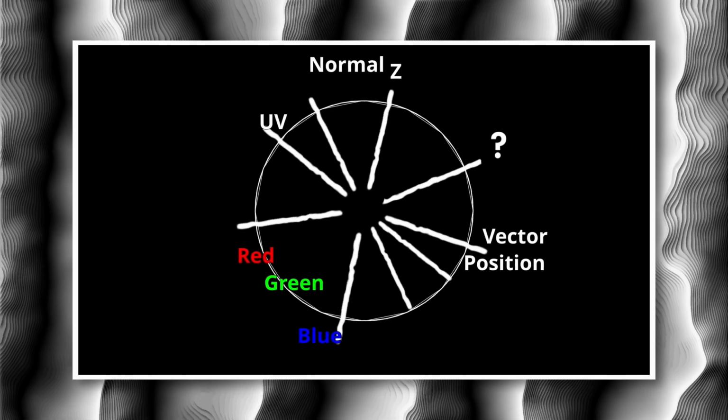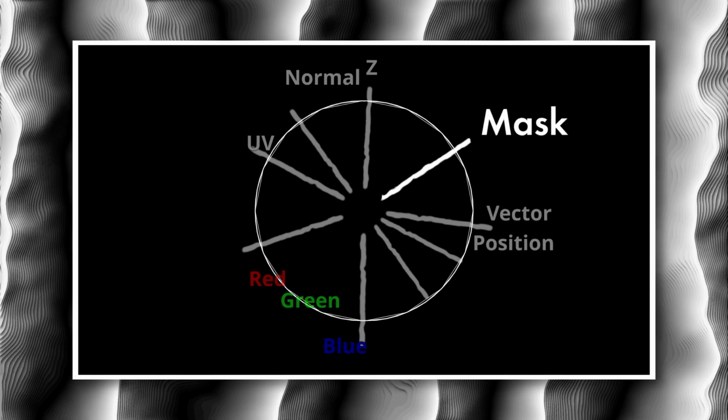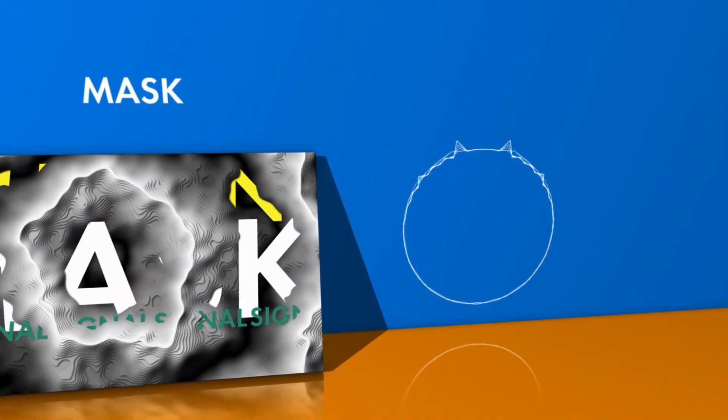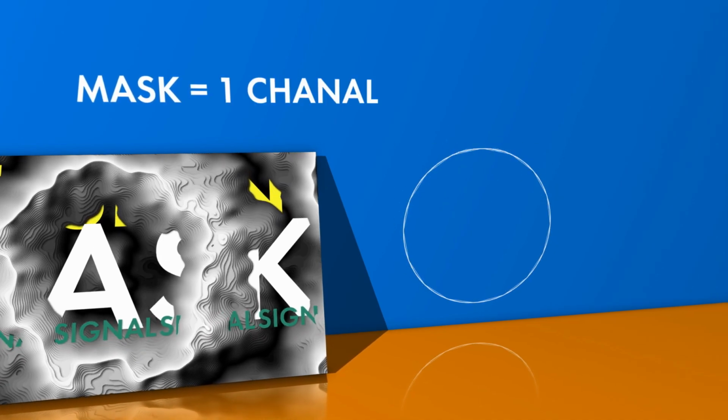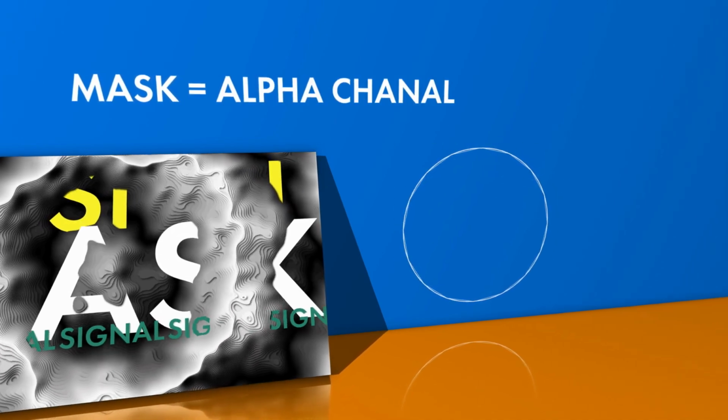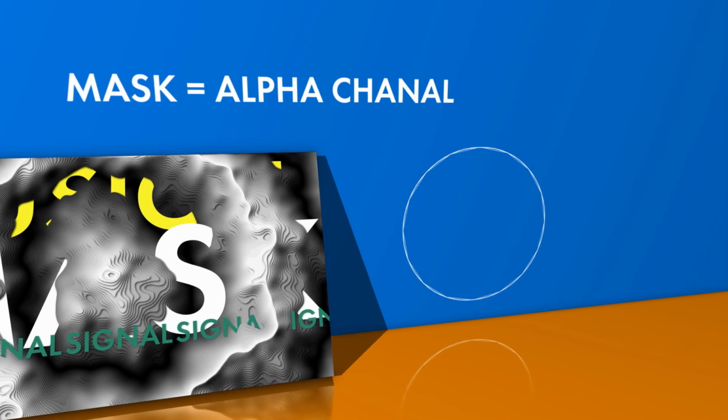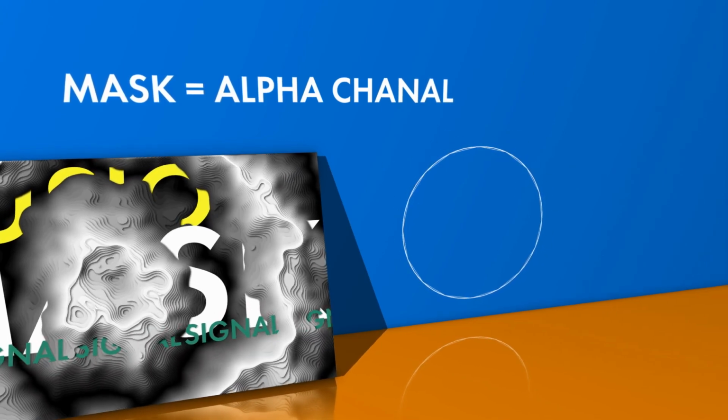Oh yeah, there is an exception. They can be either one channel or many of them. Actually, a mask is the very exception. A mask is a signal containing one channel, alpha channel, with all its pros and cons.